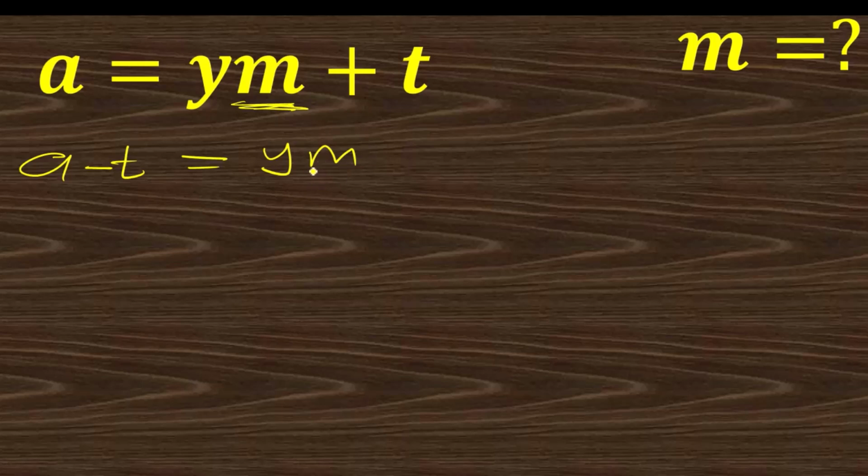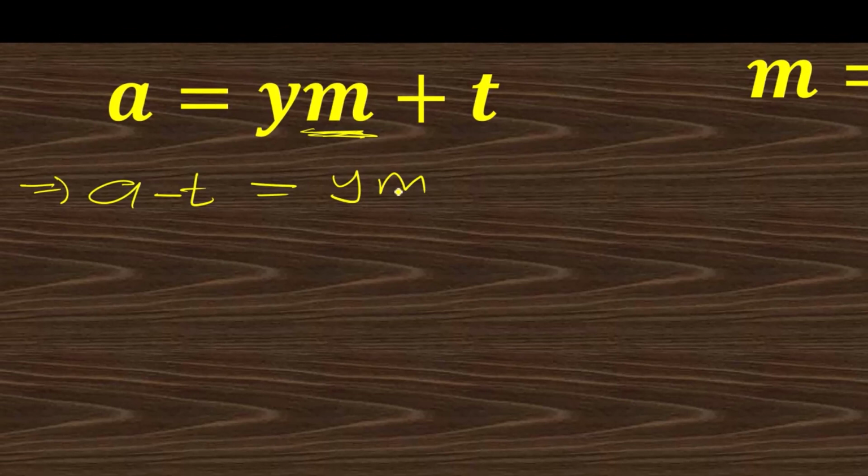Our target is this m. We have to make sure the coefficient of m is 1 and not anything else. We have the coefficient of m to be y, and since we have to make m the subject, we have no option but to remove this y. So I'll divide both sides by y.